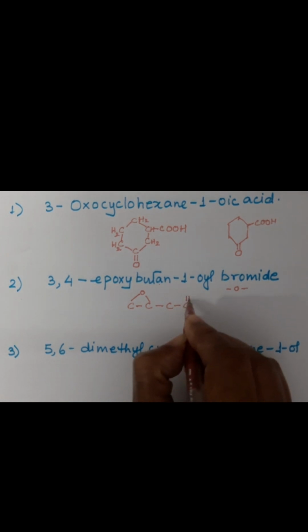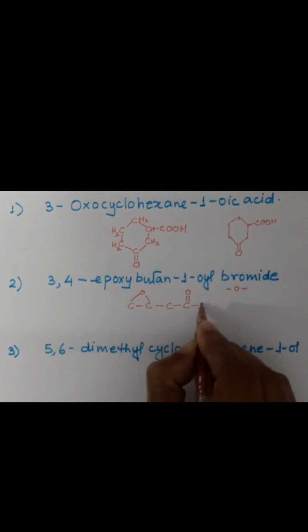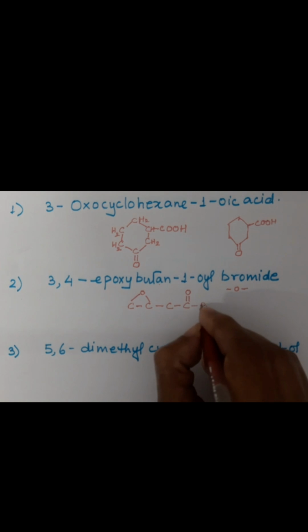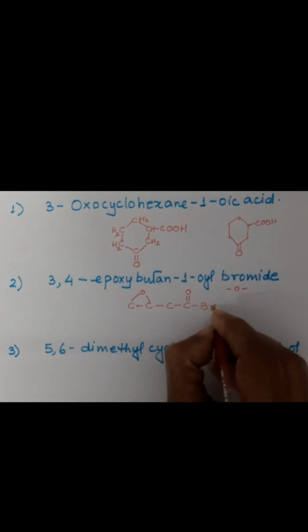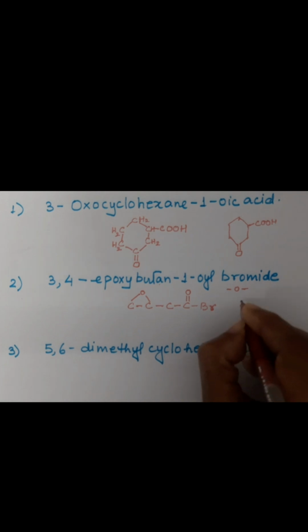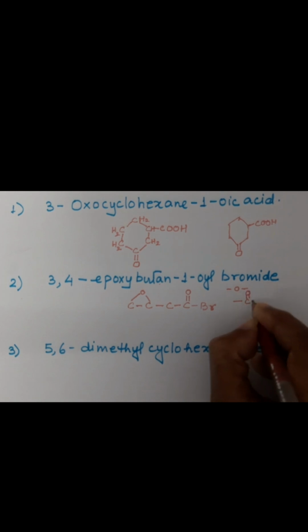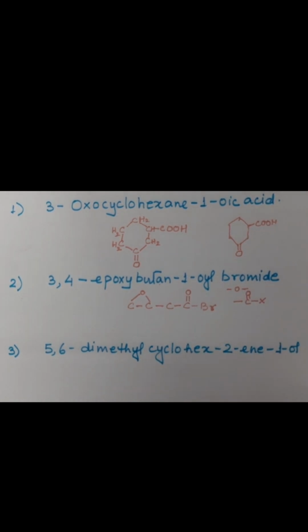Now we are to write this O with Br. Remember, I told you acid halide is called oyl halide. So it was something like this, C double bond O and X. Isn't it? So this was our acid halide. And how did we name it? Oyl halide. So oyl bromide.